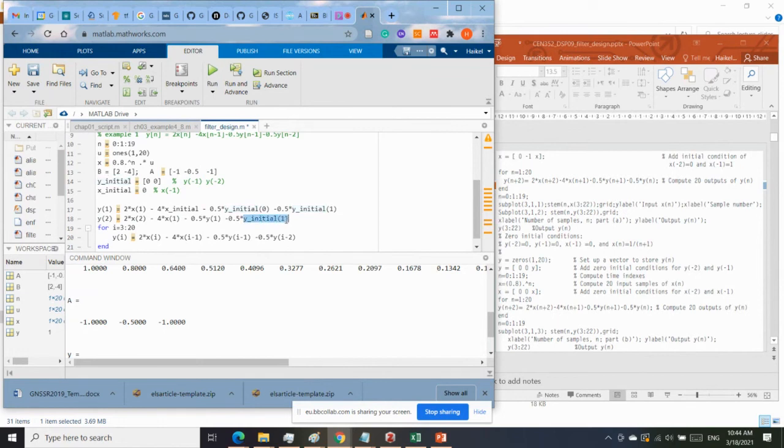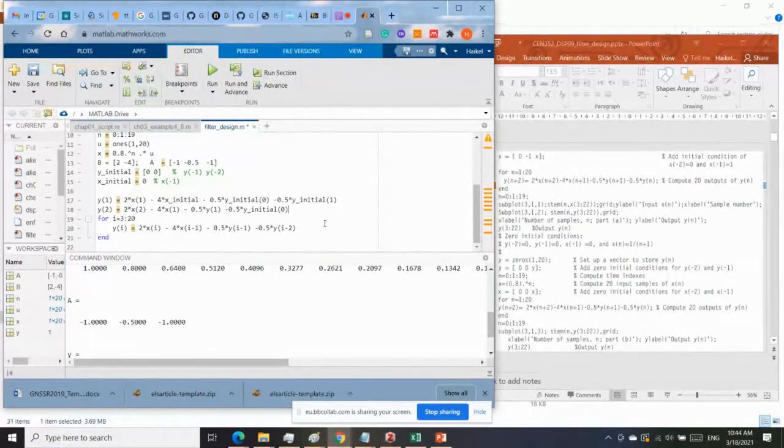And here it will be the initial condition 0. So it's a bit complicated, but it can work.